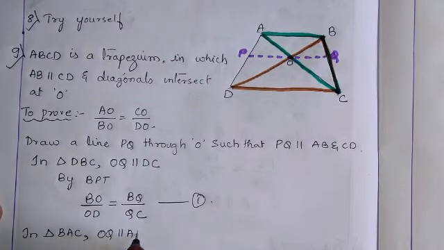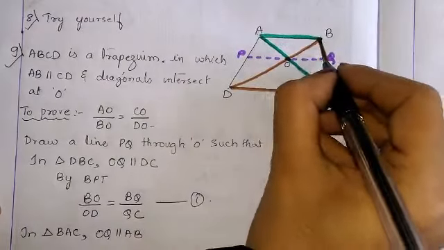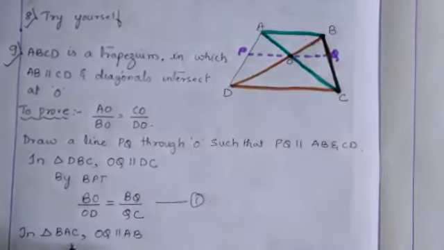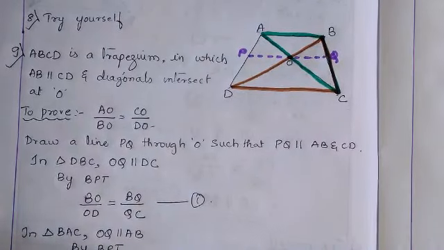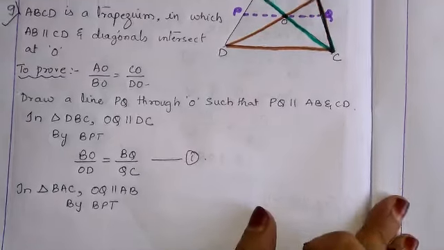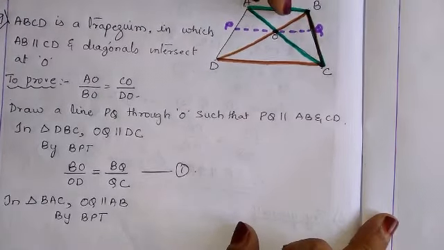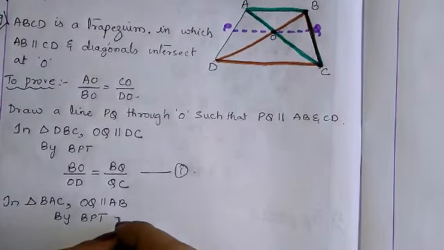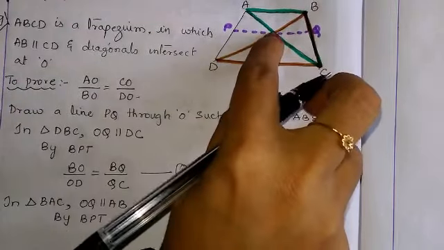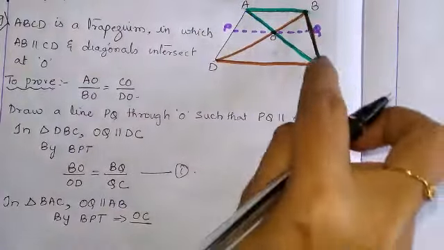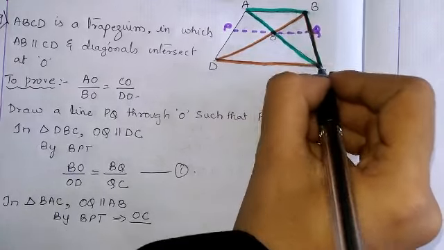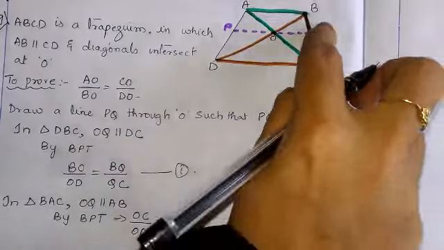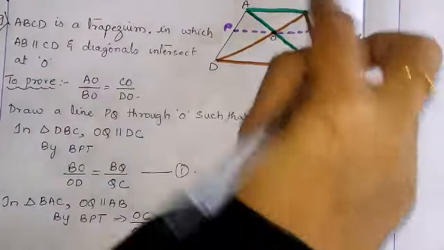Again we apply BPT: OC by OA is equal to CQ by BQ.